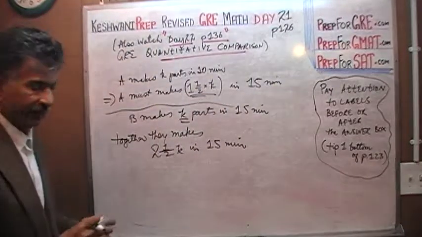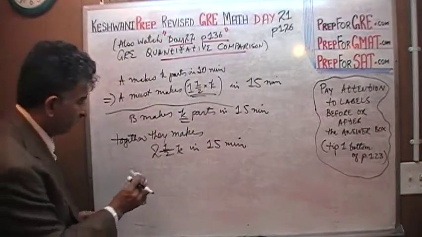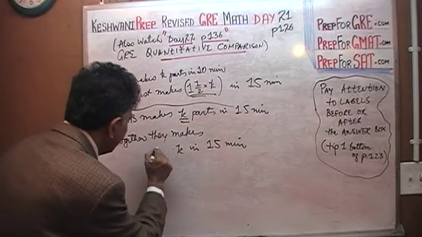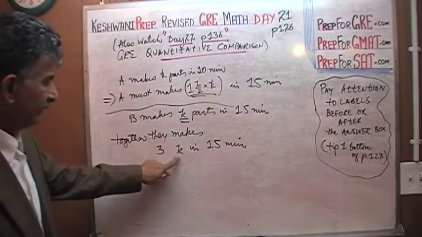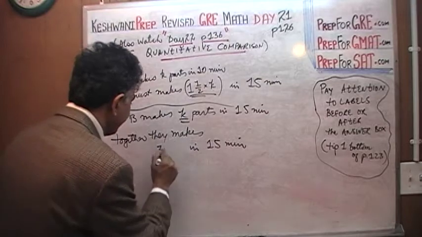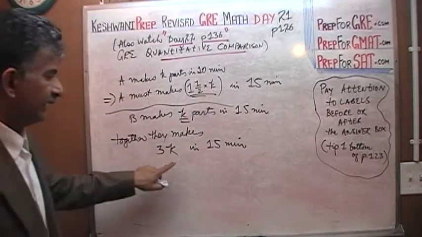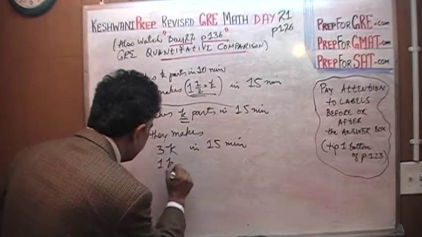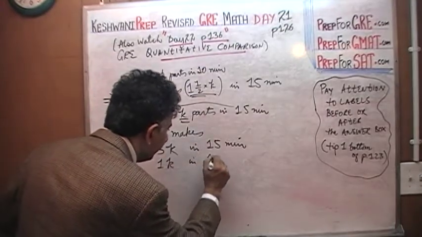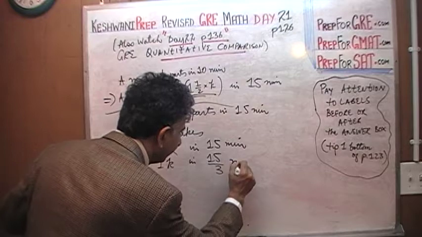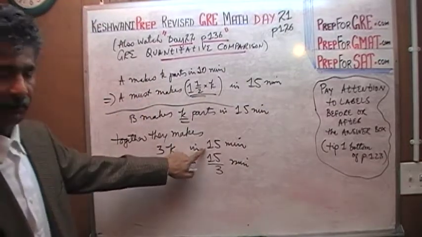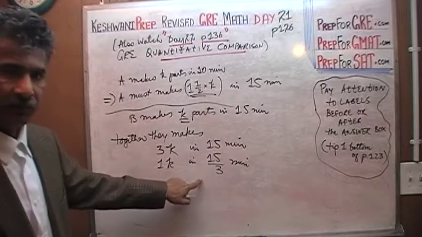Instead of 2.5k in 15 minutes, I'm going to put in some simpler number first to make you understand the concept. If we had 3k in 15 minutes, how long will it take for 1k? 1k will be in 15 over 3 minutes. Makes sense. If you're making 3 of something in 15 minutes, 1 of something should take 5 minutes.